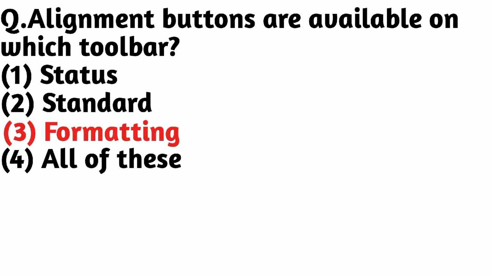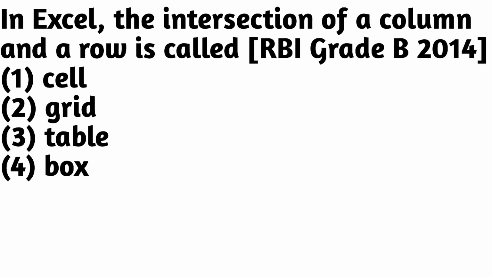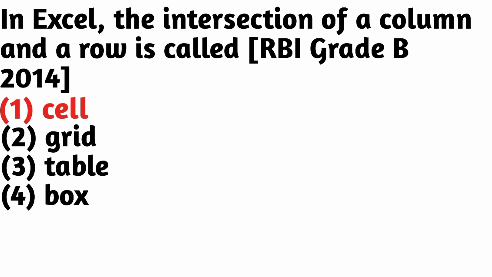The correct answer is option 3 formatting. In Excel, the intersection of a column and a row is called option 1 cell, 2 grid, 3 table, and 4 box. The correct answer is option 1 cell.